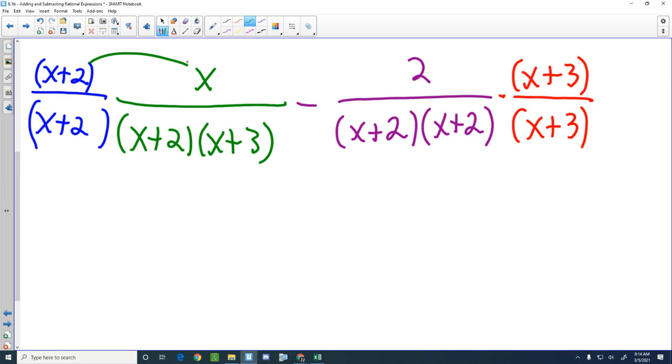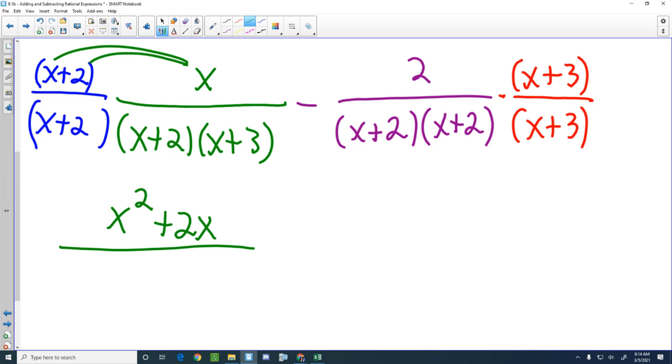So take this x, and I'm going to distribute it to each of those in the numerator. X times x is x squared. X times 2 is 2x. And this is all over x plus 2 times x plus 2 times x plus 3.